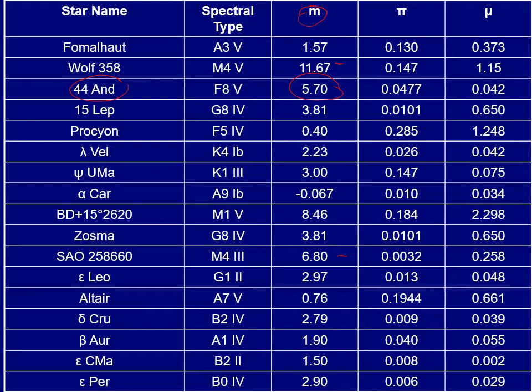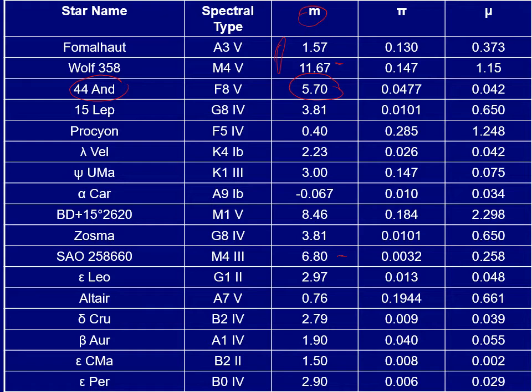So the next question is, how do you figure out how many times brighter? Because we can find out how many magnitudes brighter. For example, for the first two stars here, Fomalhaut and Wolf 358, there is a difference of 10.1 in magnitudes.